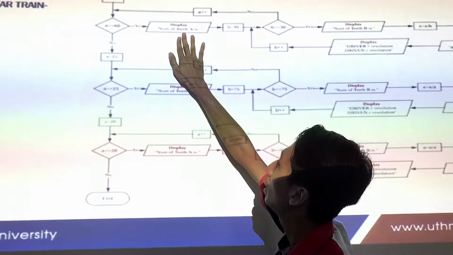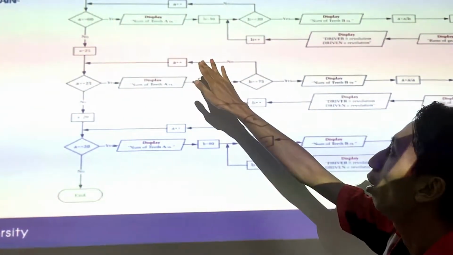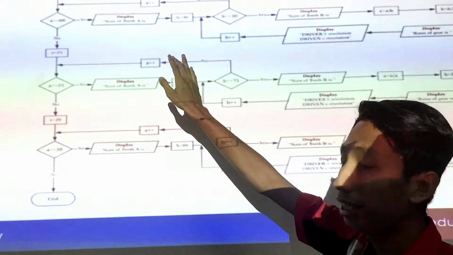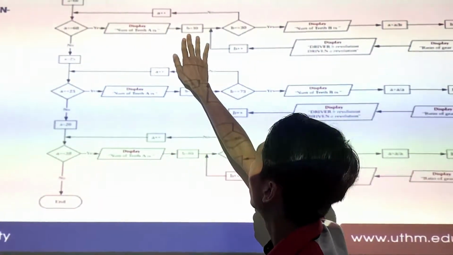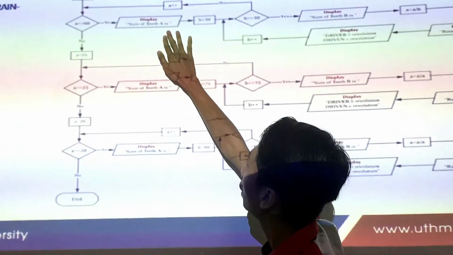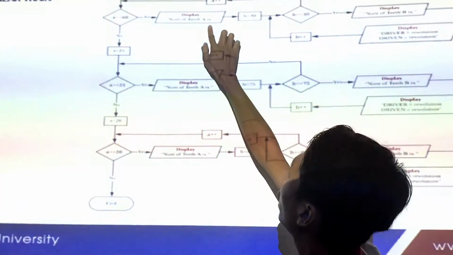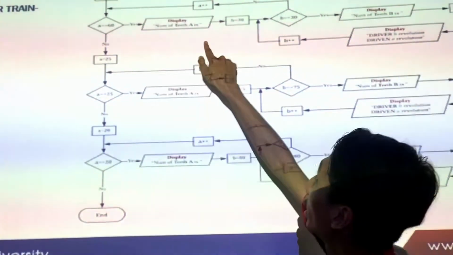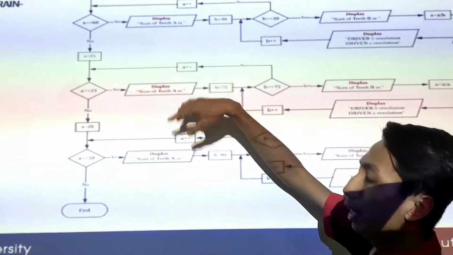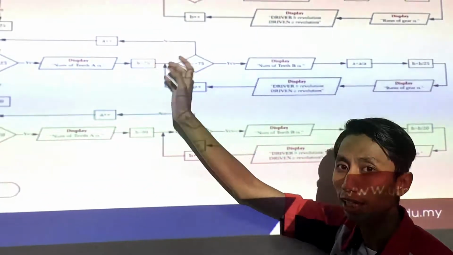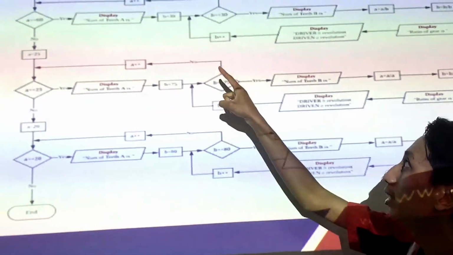The first step displays the number of teeth of gear A, which is 60. Then I put the value of the teeth of gear B as 30.